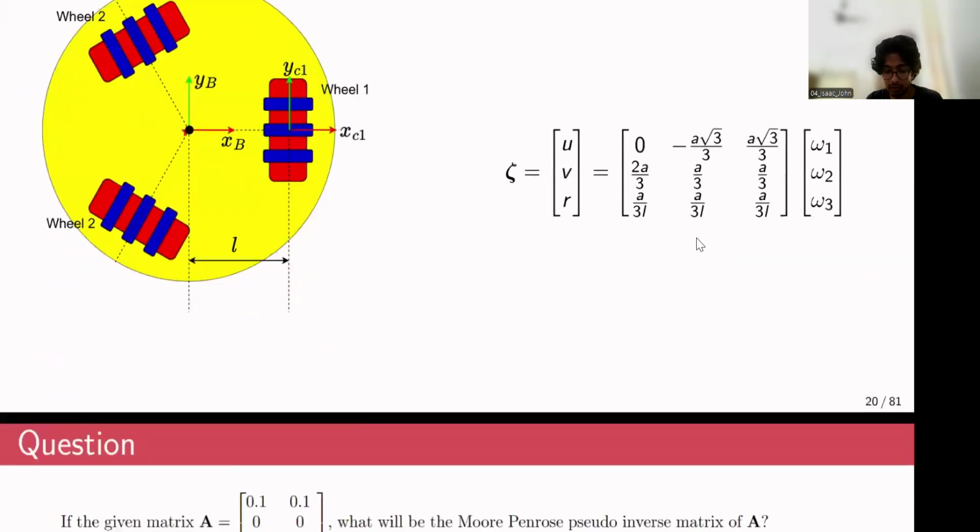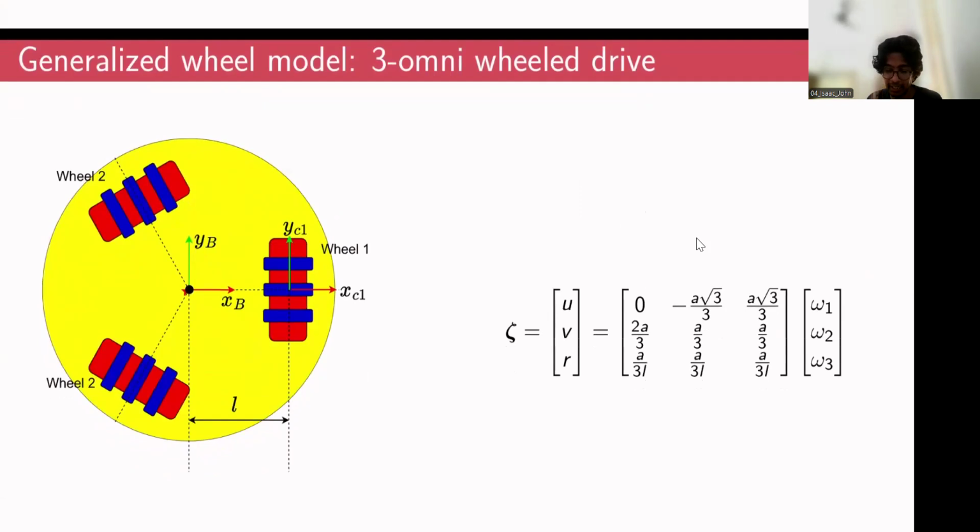There is also one more configuration called a three omni wheel drive. In this case, the wheel configuration matrix would look something like this, where A again is the radius of the wheel, and L is the radial distance of each of these three wheels from the centroid of the robot chassis.